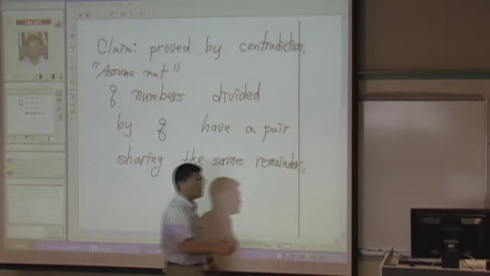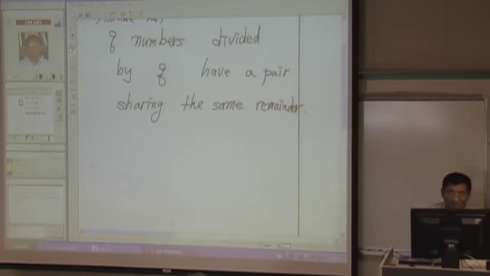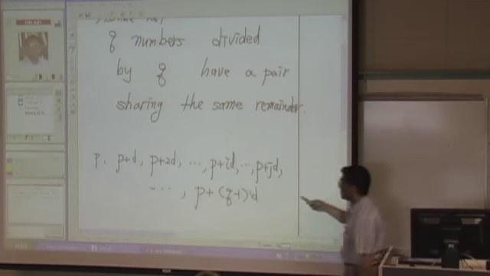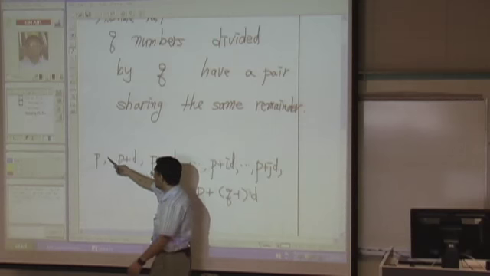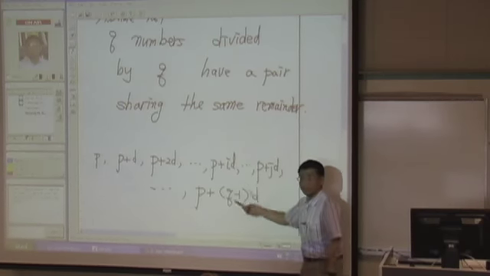In other words, if this happens, then among these possible numbers, p plus d, p plus 2d, and so on, p plus id, I am adding a few more things, and then p plus jd, and then in the end, p plus (q minus 1)d, how many numbers can you count? The total is q. So among these q numbers, some numbers may share the same remainder.